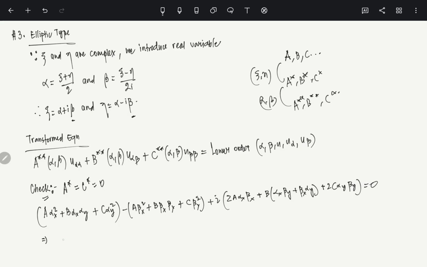You can easily check that this will imply that a double star minus c double star plus i b double star is going to be 0, and again a double star minus c double star minus i b double star is 0, conjugated to each other. And so this satisfies that a double star equals c double star, and b double star is essentially 0. Clear?